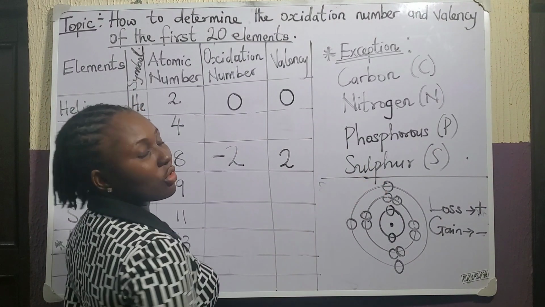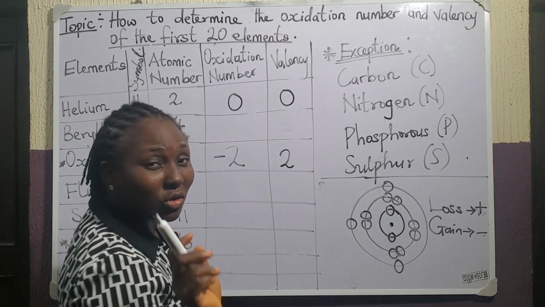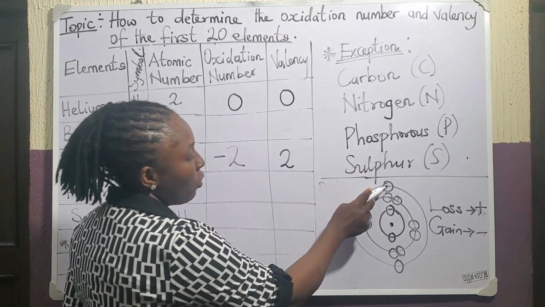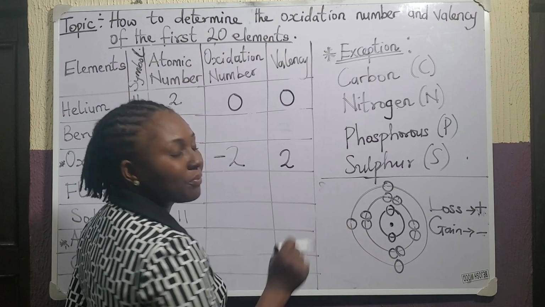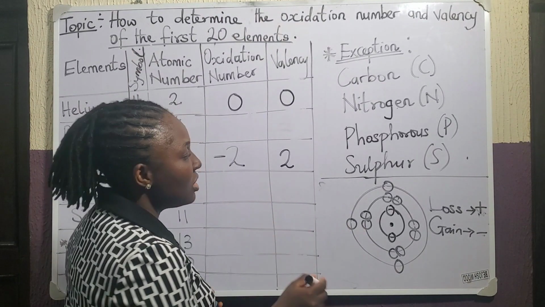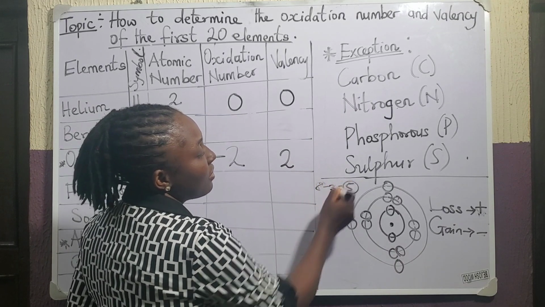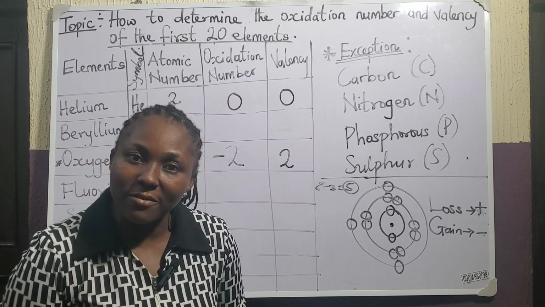So now looking at the structure of aluminium, it has how many electrons on its outermost shell? 1, 2, 3. 3 electrons. How many does it need? If you say 8 minus 3, you have 5. So it needs 5.